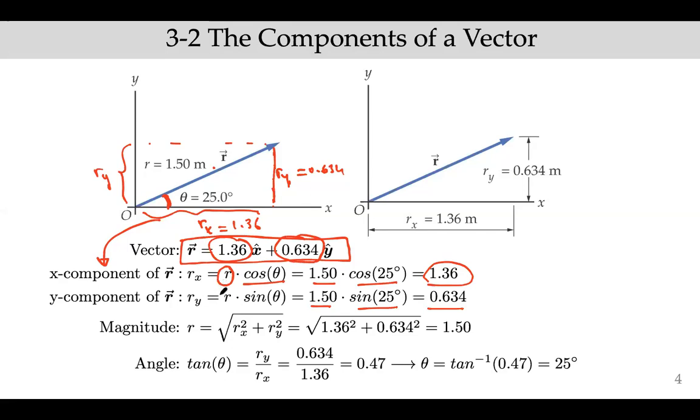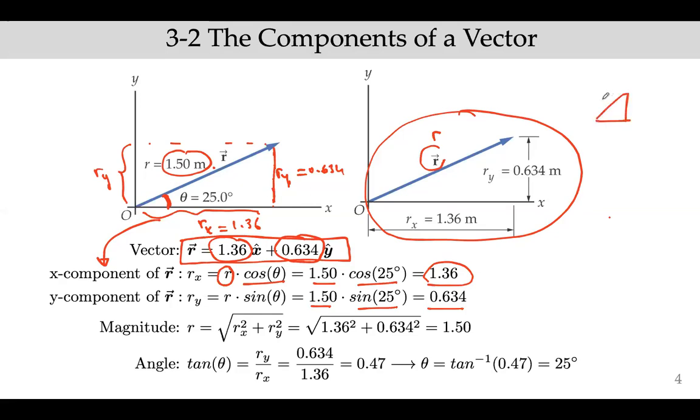Okay, what about the magnitude? Here the magnitude is already given, but let's say you are given the components. Let's think about this situation. You don't know the magnitude of the vector, but you are only given the components. Can you calculate the magnitude? So can you calculate r? Of course you can, because you could easily use the Pythagorean theorem, where the hypotenuse is r, and this is r y, and this is r x.